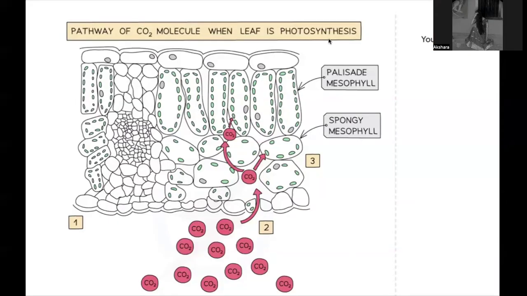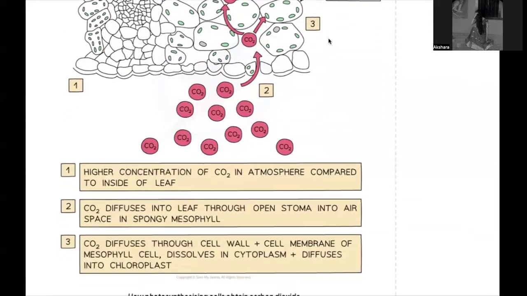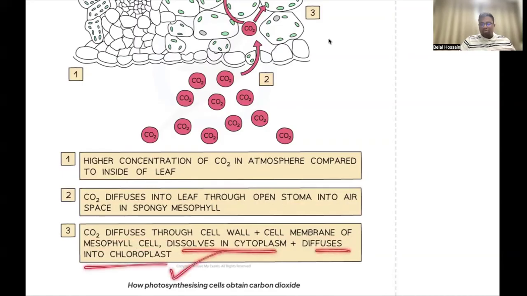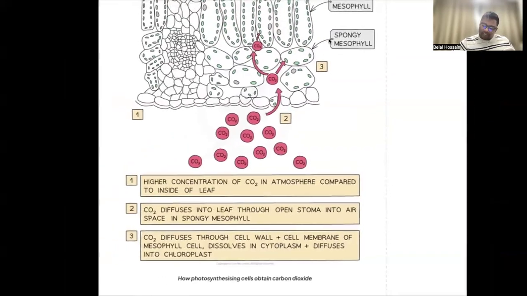Yes, sir. Okay. So the concentration of CO2 in the atmosphere is higher compared to inside the leaf. CO2 diffuses into the leaf through open stomata into the airspace in the spongy mesophyll. CO2 diffuses through the cell wall plus cell membrane of the mesophyll cell and dissolves in the cytoplasm, then diffuses into the chloroplast. Okay. Any questions from here?